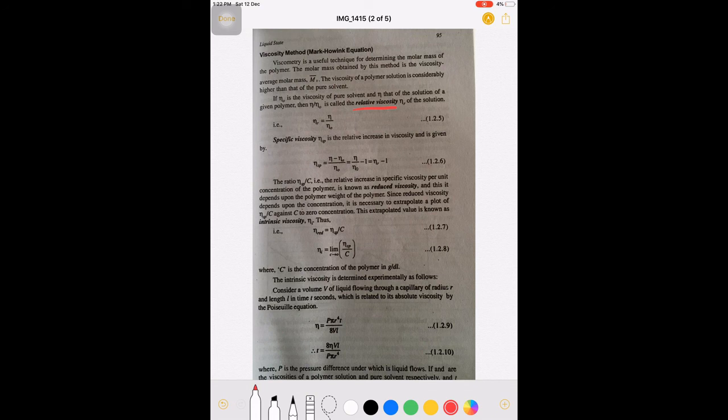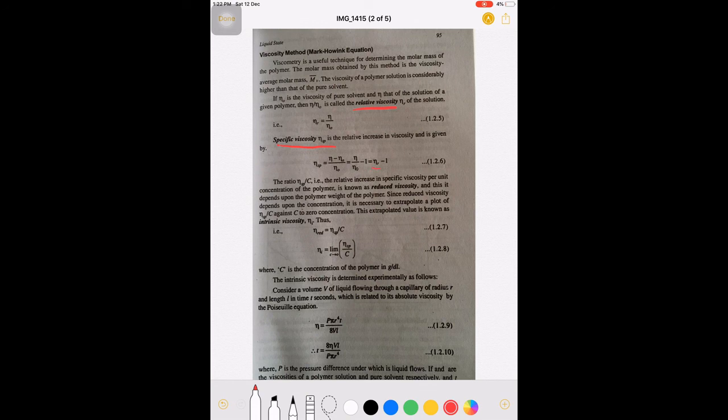Now the specific viscosity, eta sp, is the relative increase in viscosity, and is given by the equation eta sp is equal to eta minus eta 0 divided by eta 0. So eta upon eta 0 minus 1, and this eta upon eta 0 is nothing but eta r.